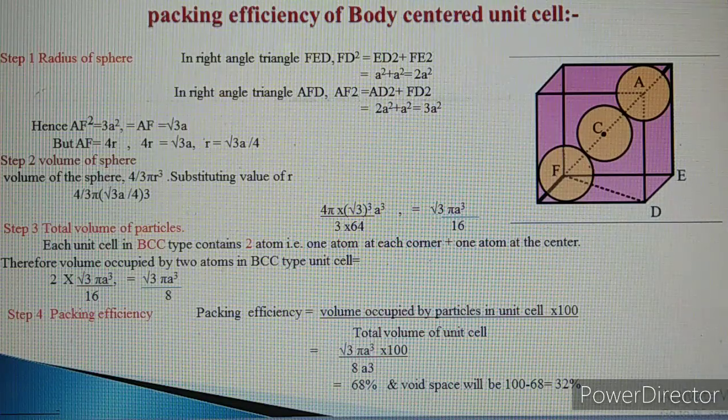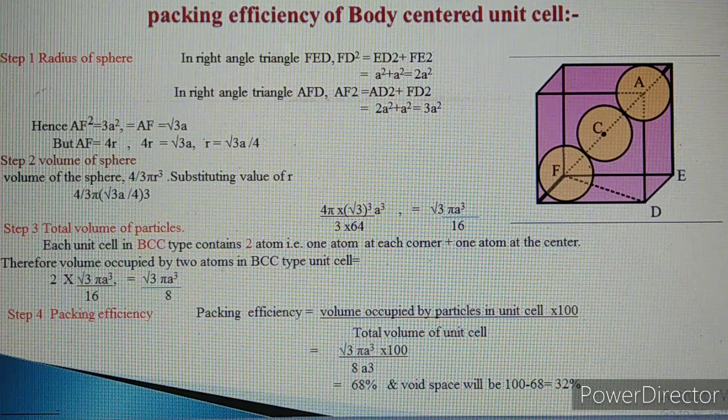Therefore, the volume occupied by 2 atoms in a BCC type unit cell will be 2 multiplied by the volume of the sphere from the second step. What is the volume of the sphere from the second step? Under root 3 pi a cube upon 16. So the total volume of particles or spheres will be 2 multiplied by root 3 pi a cube upon 16.